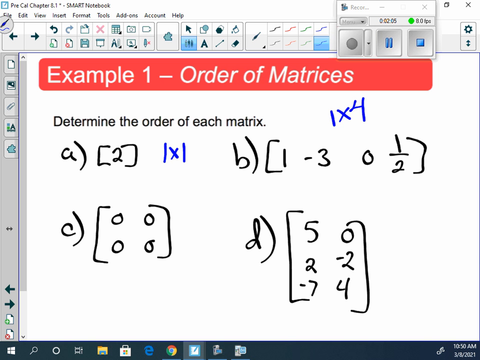It's 2 by 2, and this would be a square because the number of rows and the number of columns are the same. And this is 3 by 2. It wouldn't have a special name because the number of rows and columns are not the same, and we don't have a row or a column. So it's just a 3 by 2.